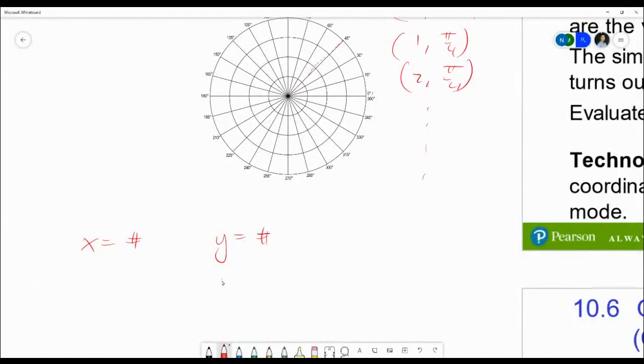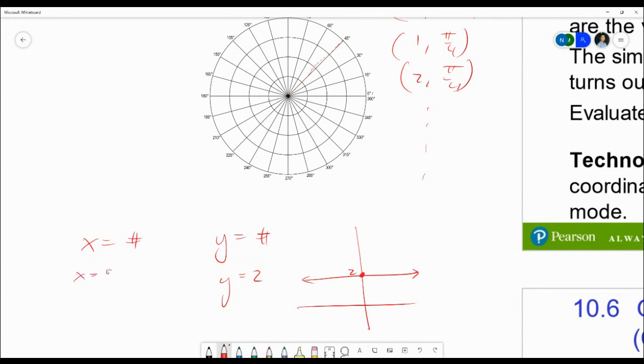So if I have, for example, y equals 2, what is the shape of this line? The shape of that line is just a straight horizontal line at the y equals 2 mark. So the y-intercept here is 2.